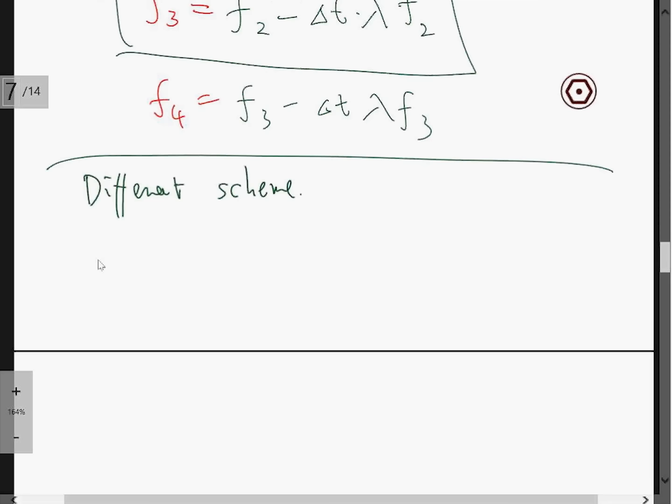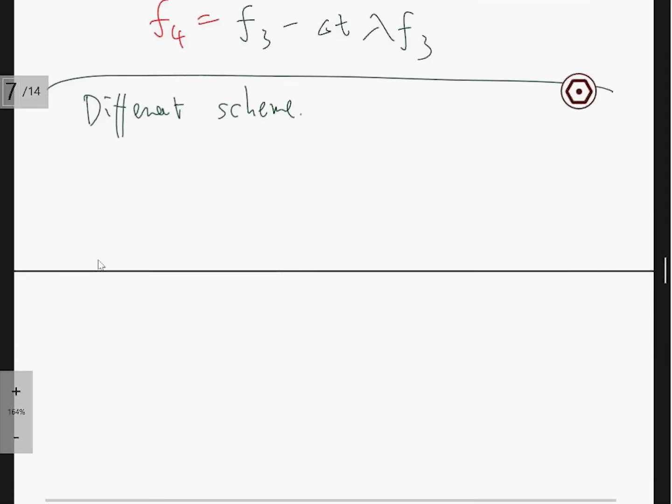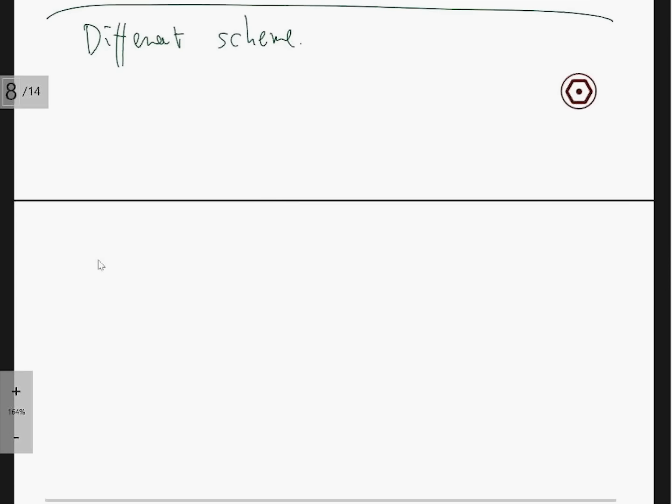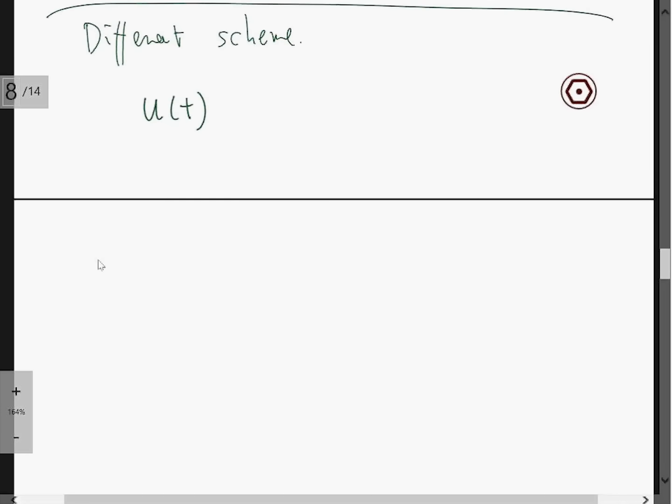I have been calling the function f because we started by discretizing a function, but in solving ODEs it is more of a convention to call the solution u. So from now on, I'm just going to call my function u of t instead of f of t. Everything else is the same.